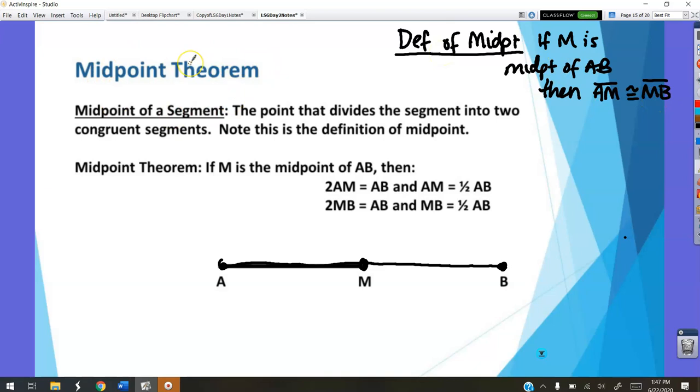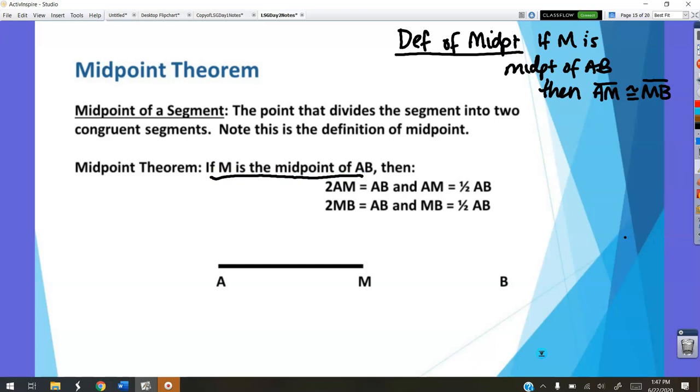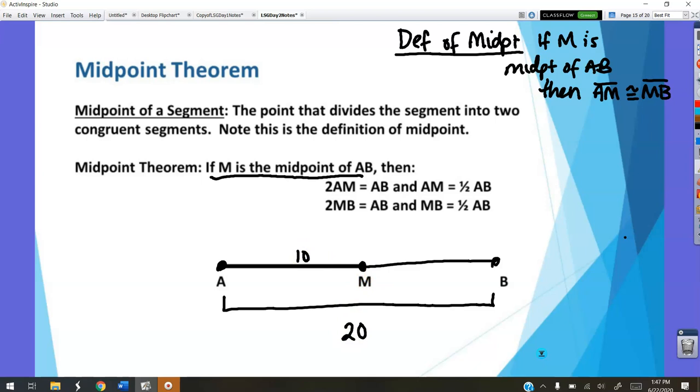The theorem is different. The theorem is what a lot of you were trying to say yesterday. The theorem says if you know it's the midpoint, that's the starting part, then you know that this distance, A to the midpoint, is half of the whole thing. Like if I gave you this was 20, most of you know that's 10 if that's the midpoint.